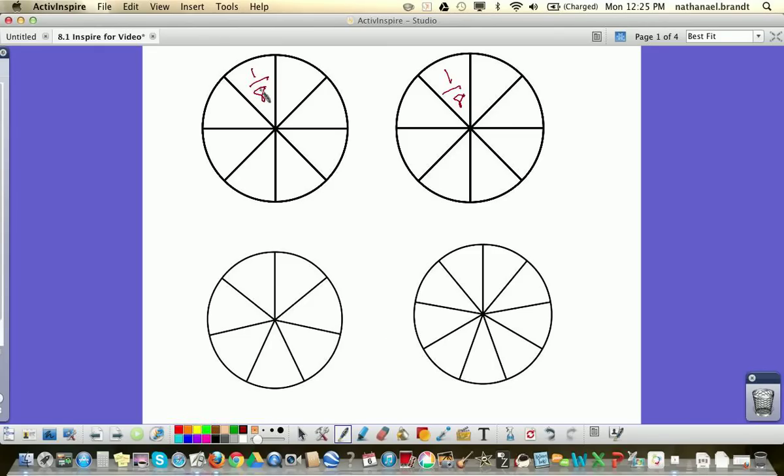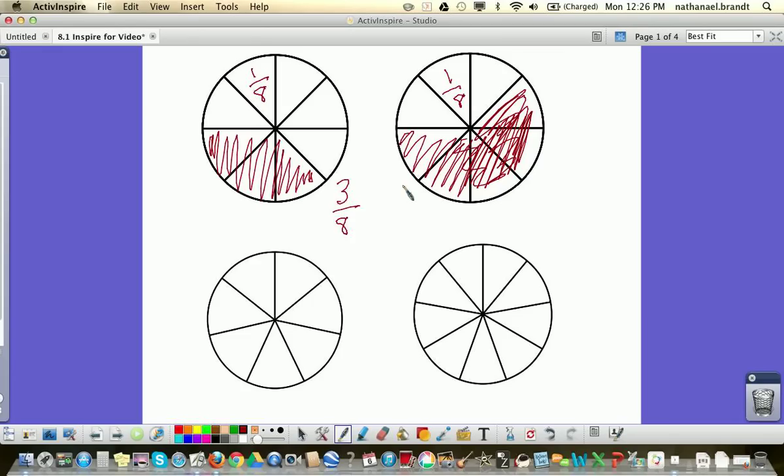When the denominators are the same, it's easy to determine which fraction is bigger just by looking at the numerator. If we shade in 3/8 of this pie, and if we shade in 5/8 of that pie, we look at the denominators.